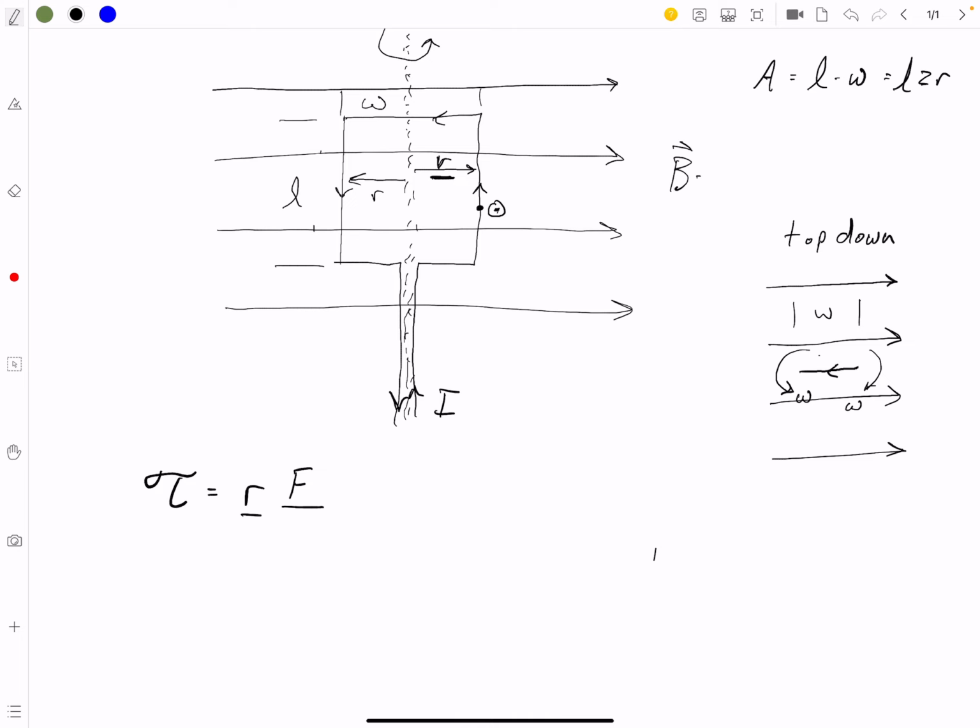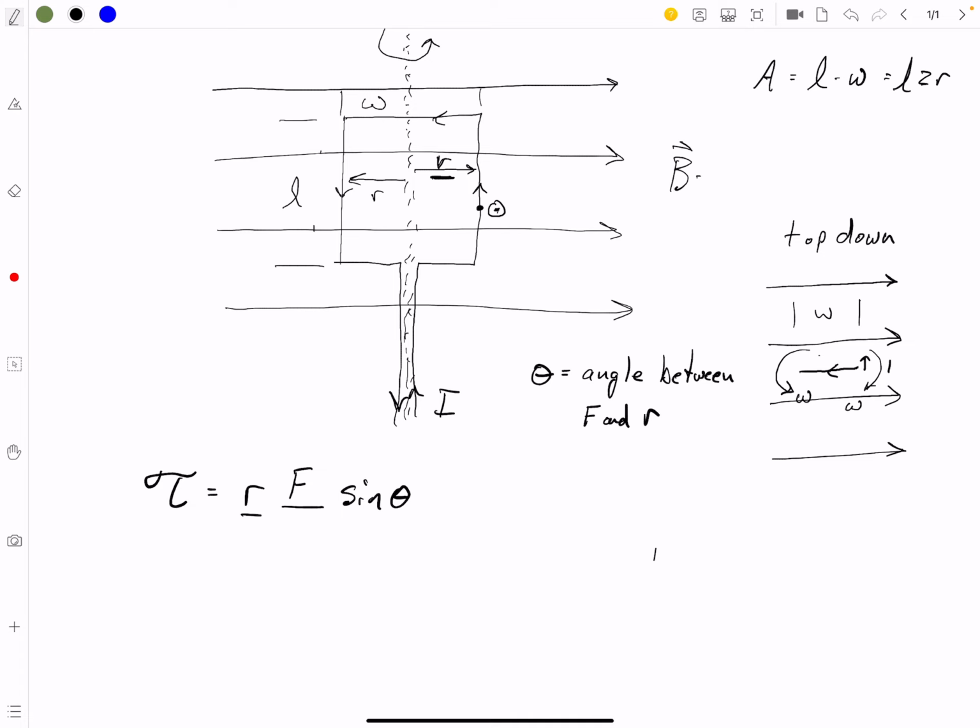And if we multiply by the sine of theta, where theta is equal to the angle between F and R. And it turns out that that angle, obviously, our force is pointing this way.